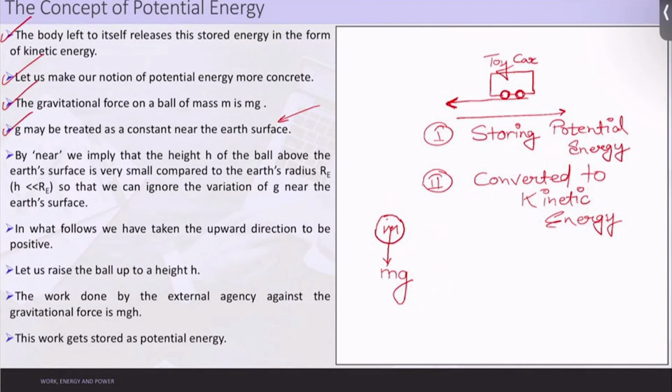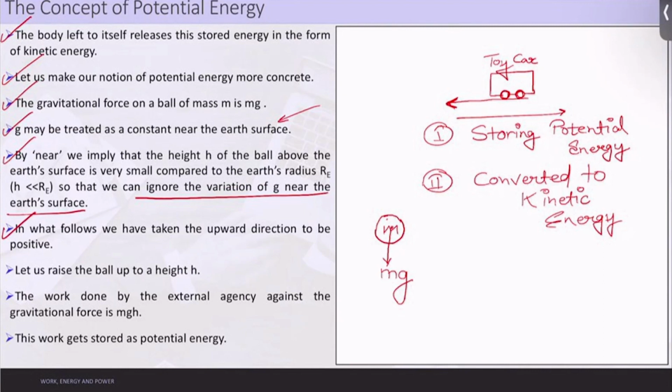By near, we imply that the height h of the ball above the earth's surface is very small compared to the earth's radius Re. So we can ignore the variation of g near the earth's surface. The amount of variation is very small only if h is very much less than Re.